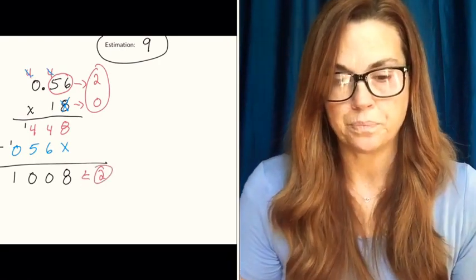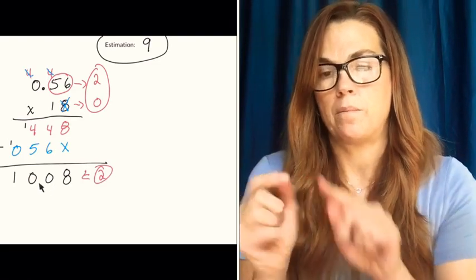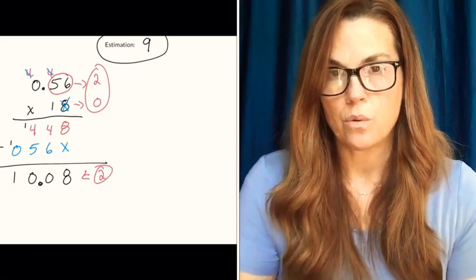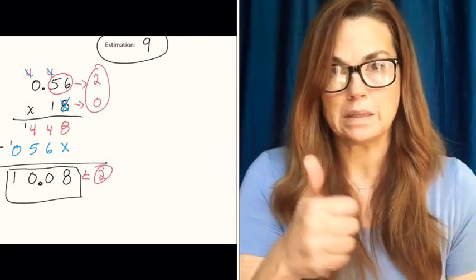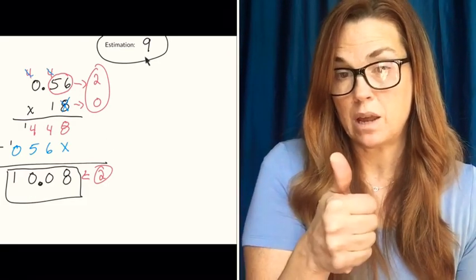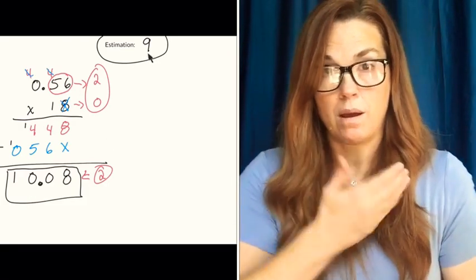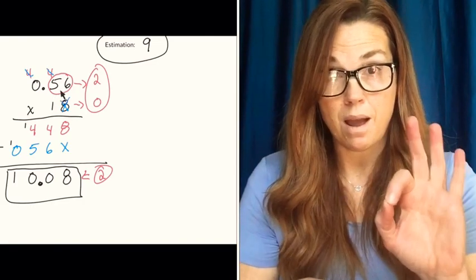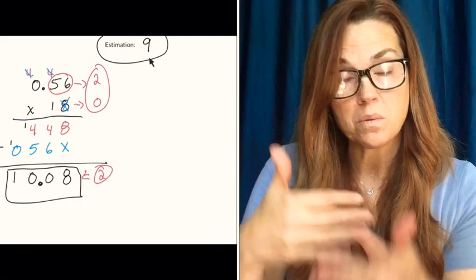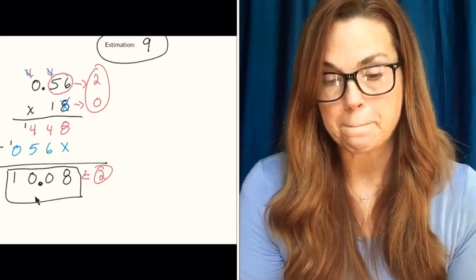So if I move starting here, 1, 2, my decimal should go here for my final answer. And so my final answer is 10.08. And 10.08 is pretty close to 9, because that was our estimation, because I said 1/2 of 18 is 9. And my estimation was 9. My final answer is 10.